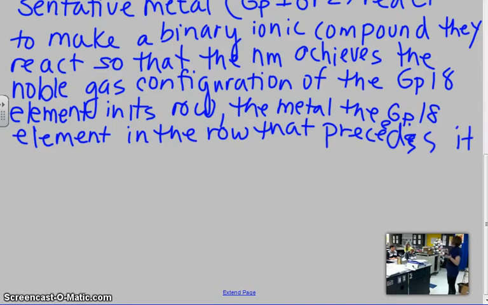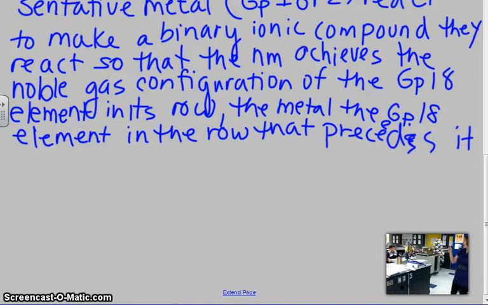What I'm saying, either way, is that if you are oxygen and you're going to make an ionic compound, when you react with a metal, you will gain 2 and take on the electron configuration of the noble gas in your row, which is neon. So when oxygen has a -2 charge, its configuration is the same as neon's, 1s2, 2s2, 2p6. And when magnesium, a metal, makes an ionic compound, it will lose 2 to look like the noble gas in the row before it.